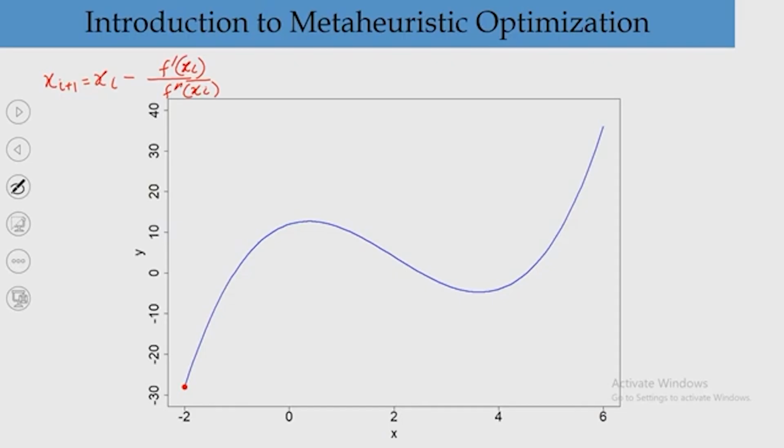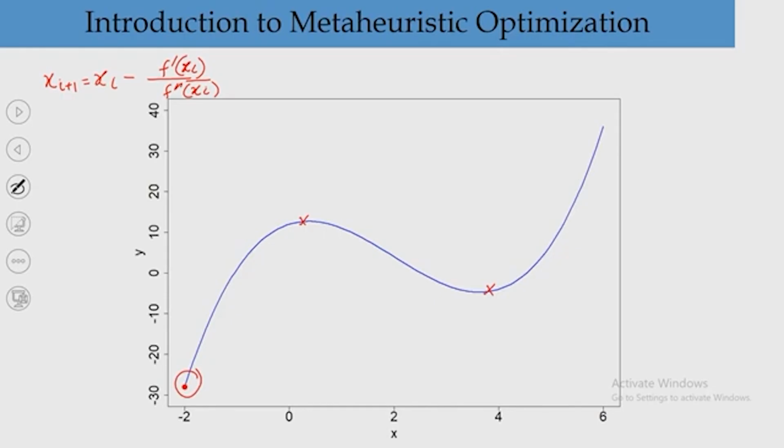Now, just see. This is a non-convex function, and there is a maxima here and there is a minima here. Now, if I apply the Newton-Raphson method here, suppose I have taken this as an initial point.